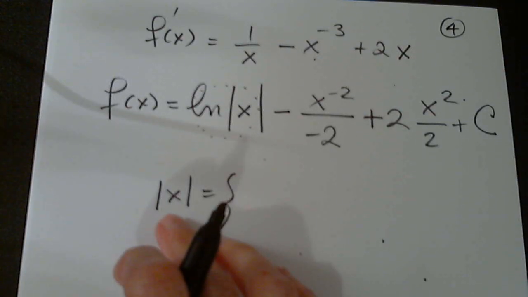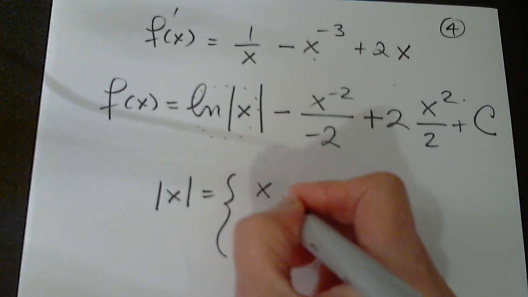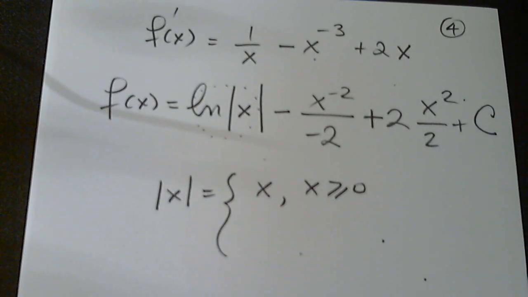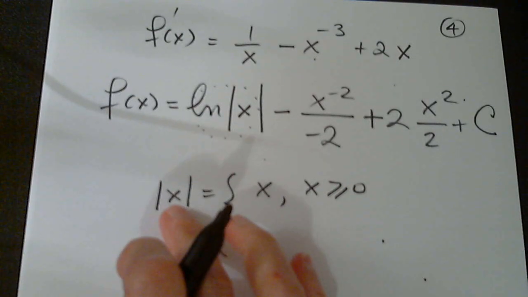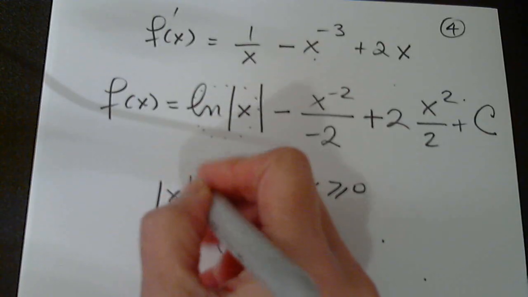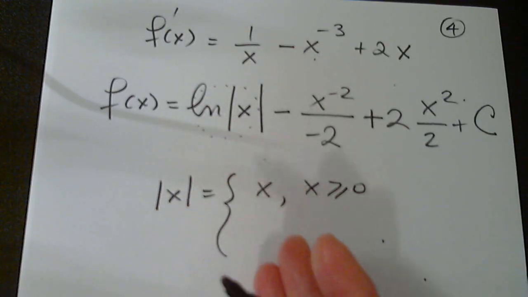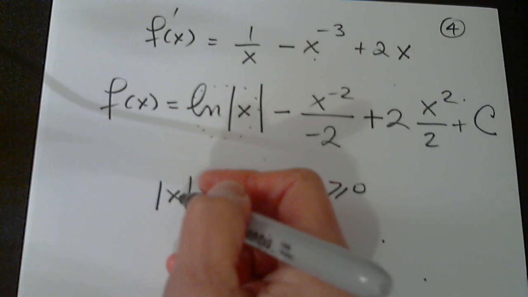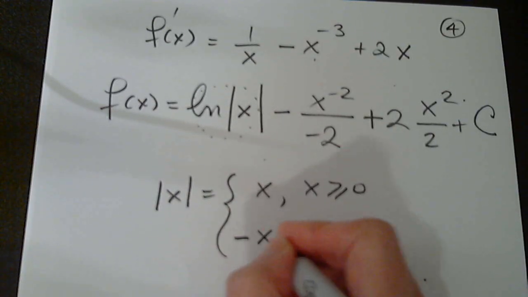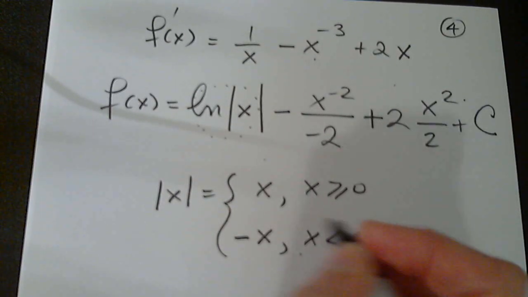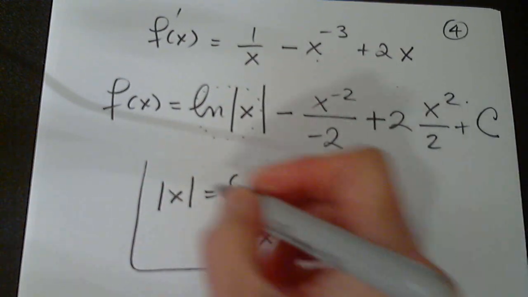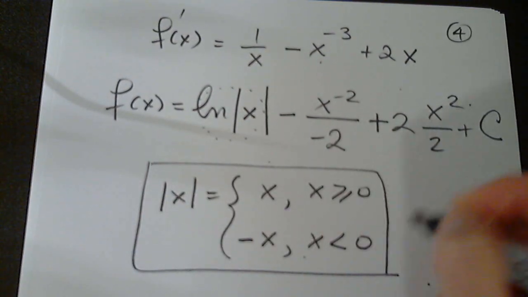If x is a positive number, there is no need of the absolute value. But if x is negative, the absolute value will still be positive. But in order to simplify it without the absolute value symbol, we will write negative x for x less than 0. And this is a formal definition of the absolute value.